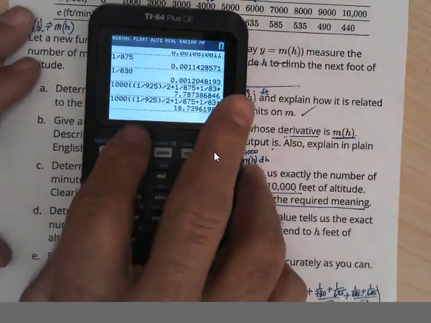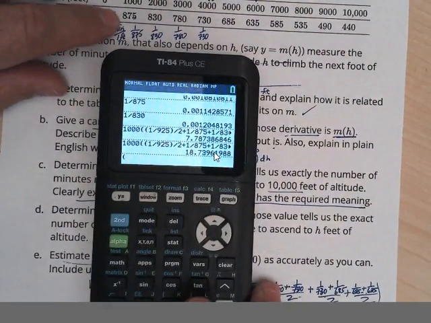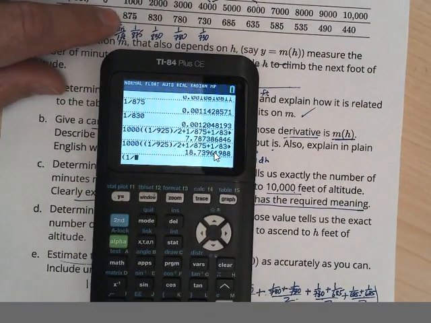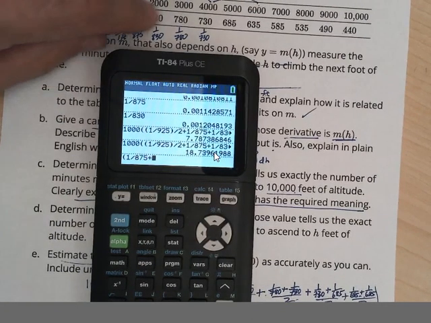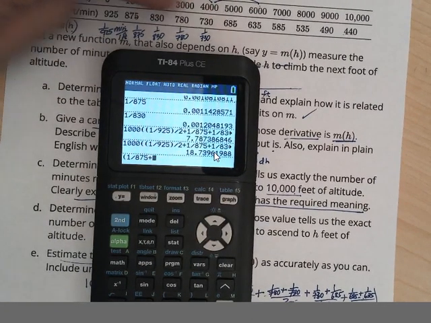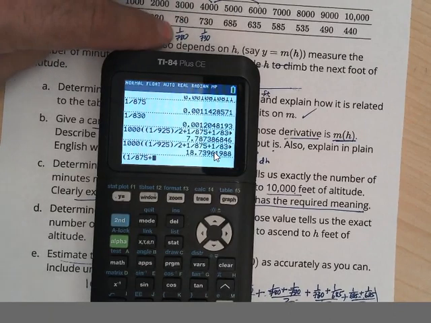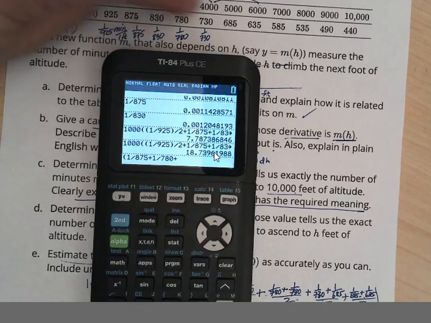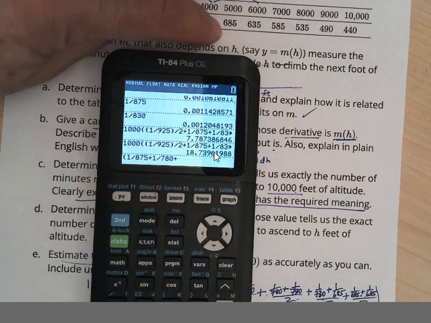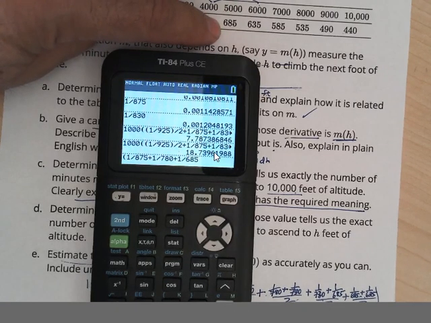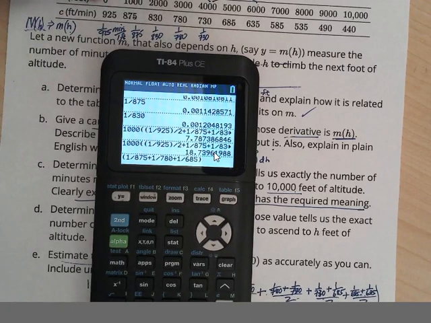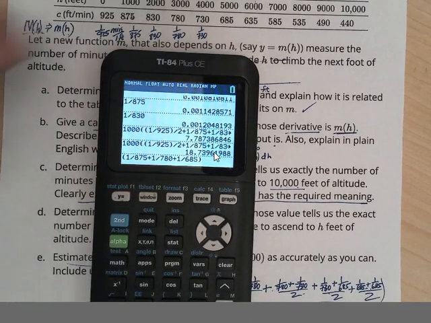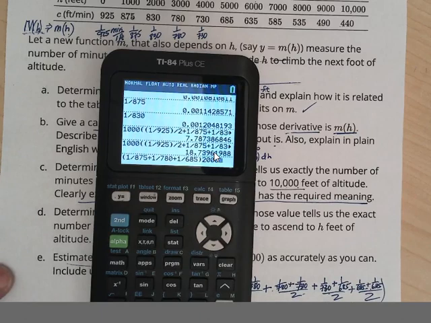So we'd want to do parenthesis 1 divided by 875 plus the midpoint of the next one, 2,000 to 4,000 would be at 3,000, 1 divided by 780 plus, and then 4,000 to 6,000, midpoint at 5,000, 1 divided by 685, close parenthesis, times the width of the interval. So I'm doing 2,000, 2,000, 2,000. My widths are 2,000.